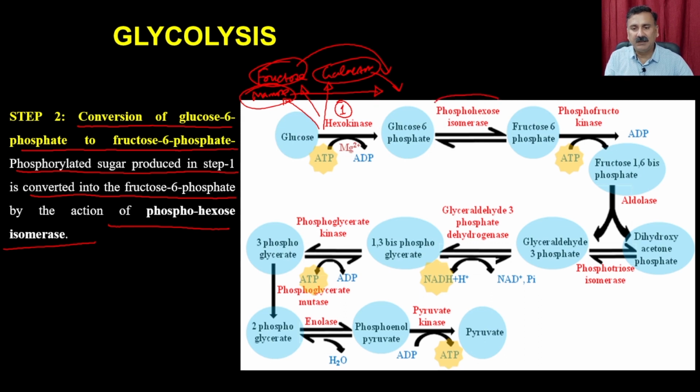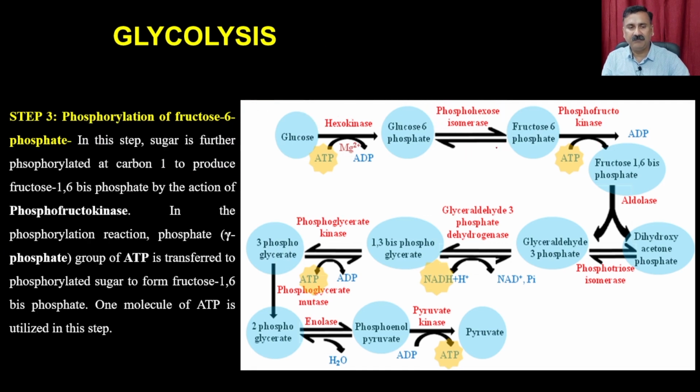Ultimately, this second reaction is going to convert whatever sugar is present in the first step to fructose 6-phosphate. So if it is fructose 6-phosphate, no reaction is required. But if it is galactose 6-phosphate or mannose 6-phosphate, that also is going to be converted into fructose 6-phosphate, so that it can be further put into the degradation reactions.